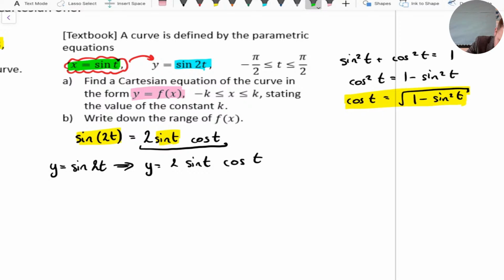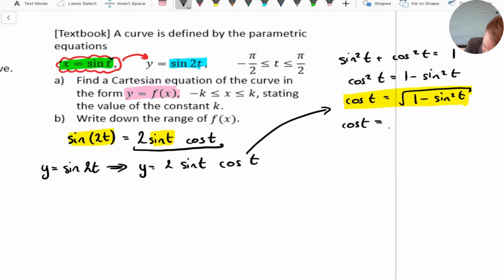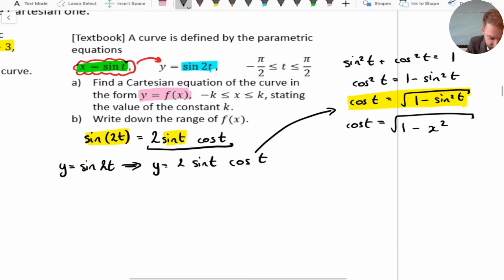I know that cos t is equal to the square root of 1 minus sine squared t, but we also know that sine of t is equal to x. So I know that cos of t is equal to the square root of 1 minus x squared, because sine t is equal to x from this part over here.